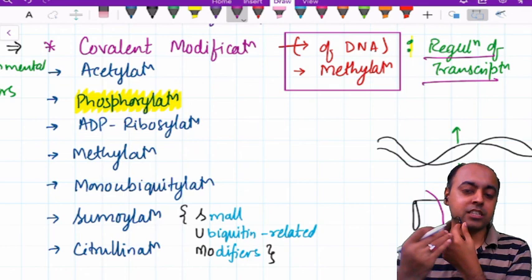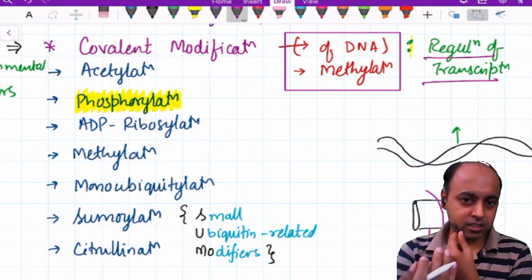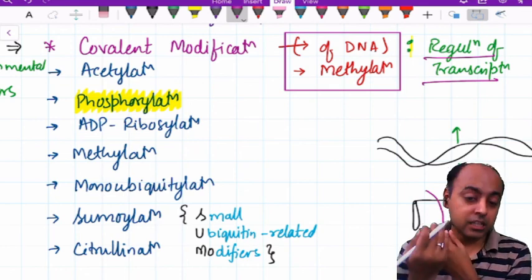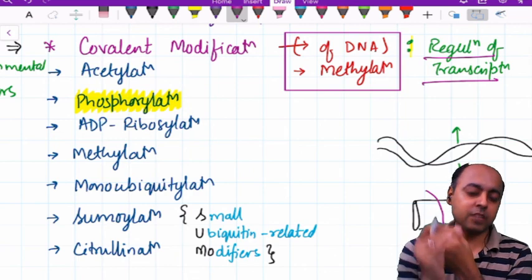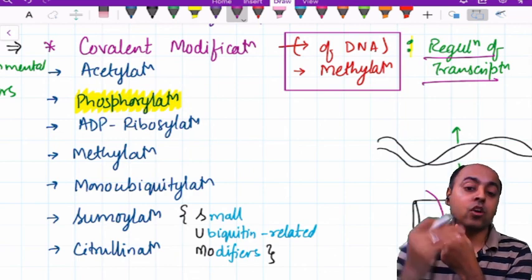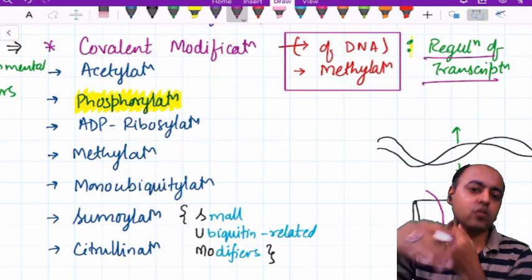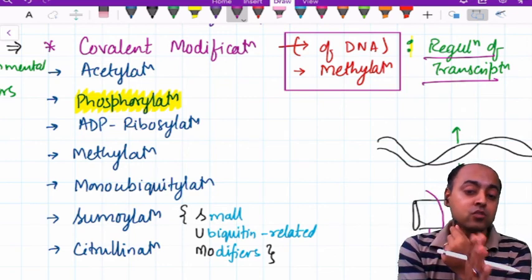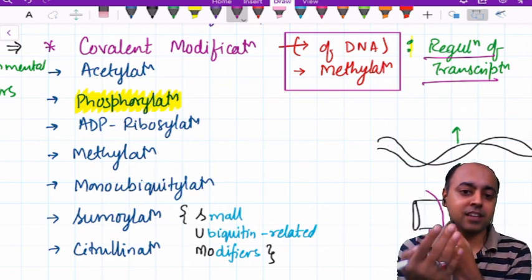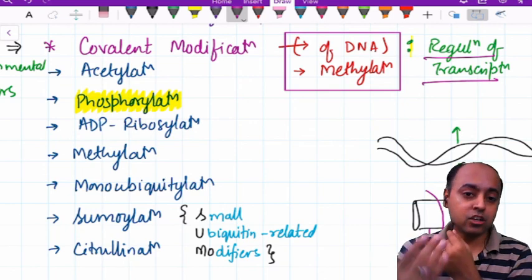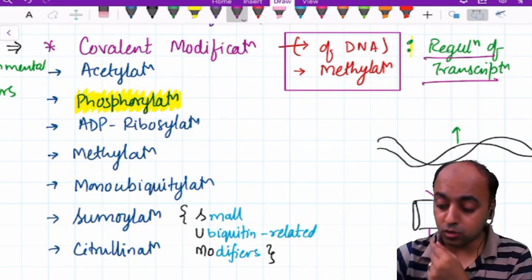Now, the modification may increase the rate of transcription, or it may decrease the rate of transcription. It is not fixed. It depends on which DNA we are talking about, whether it is deep inside or on the outside, which type of histone is there. So various factors affect the net result of covalent modification on the histone.